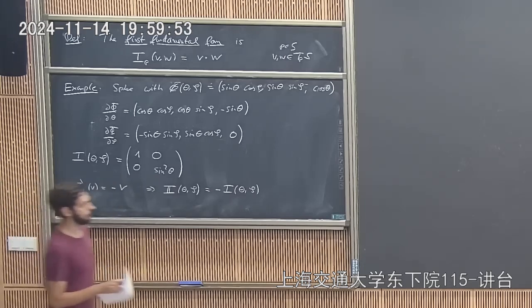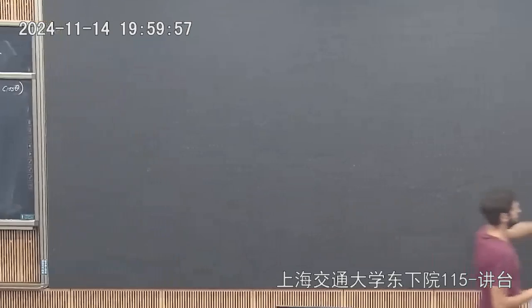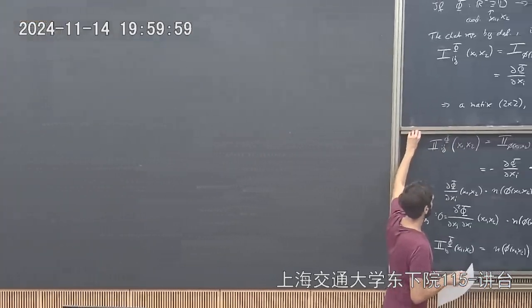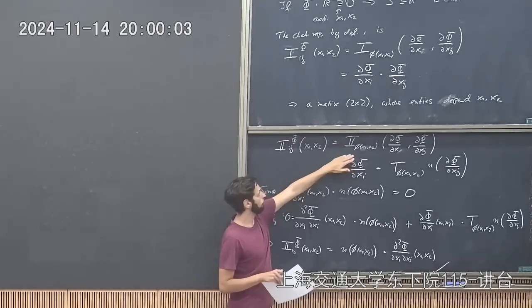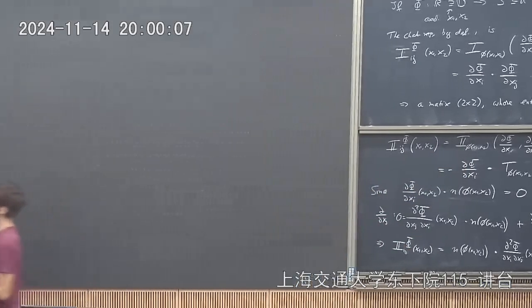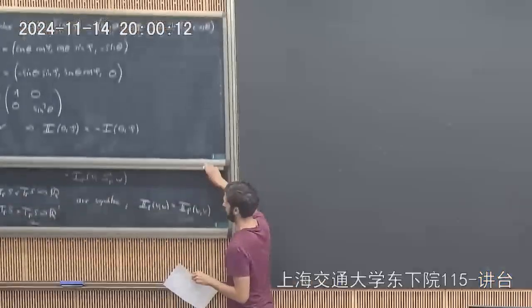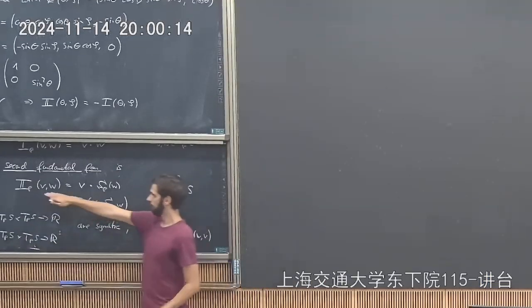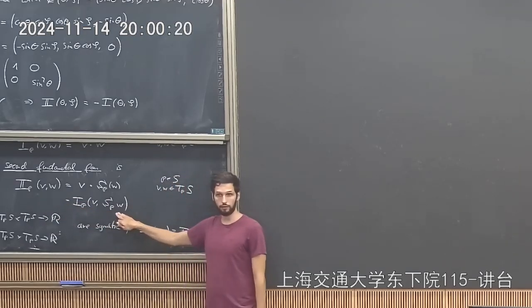If you look at the definition, the second fundamental form can be calculated in terms of the first fundamental form by plugging in the shape operator in the second slot.